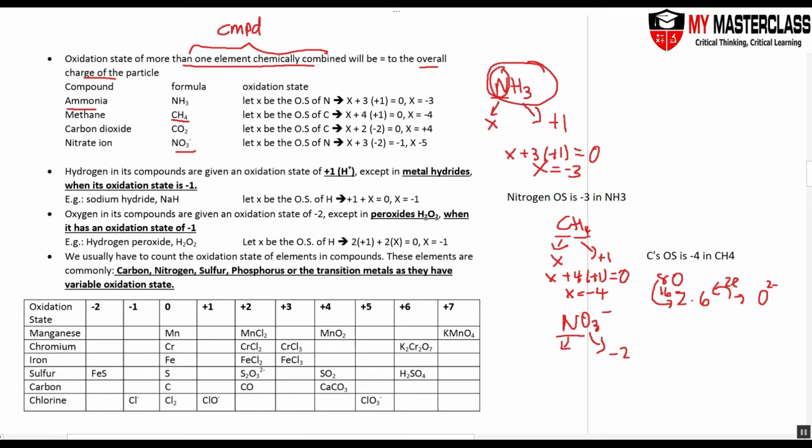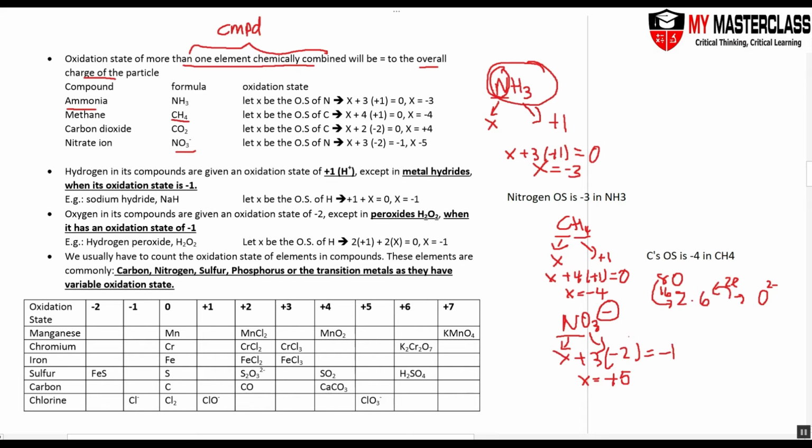N is what I am trying to find. So X plus 3 times -2 is going to give you, in this case, not 0, but the overall ion has a charge of -1. So X is equal to -6 minus 1, which gives plus 5.